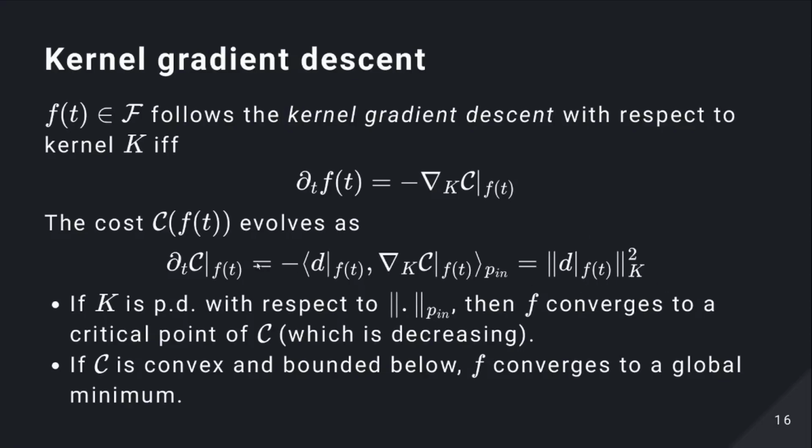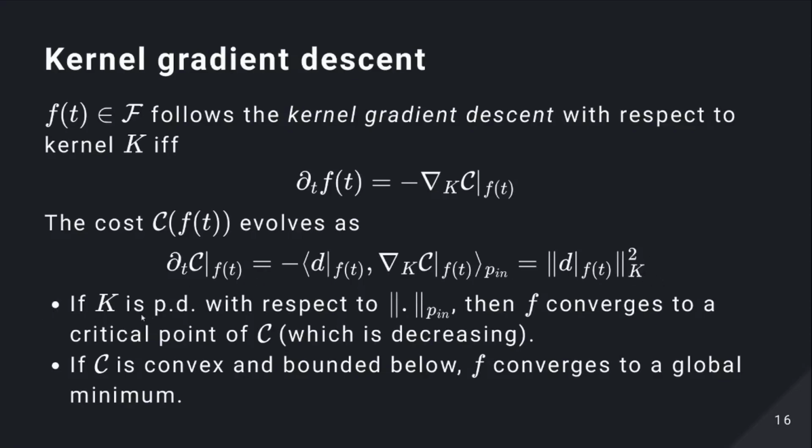I think maybe I forgot to put a minus here, because otherwise this would diverge. But yeah, this would tell you my cost function decreases, but this actually depends on my k.